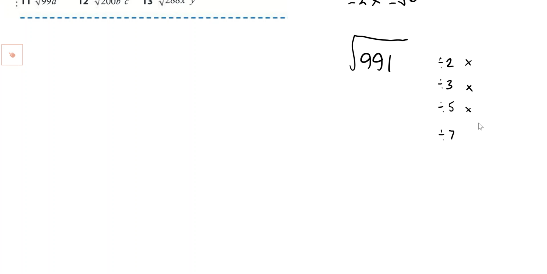Sevens end in 1 sometimes, don't they? If you subtract 21 from it, then you get 970. 97 is not divisible by 7, and whatever you would get from that you would only times by a 10.